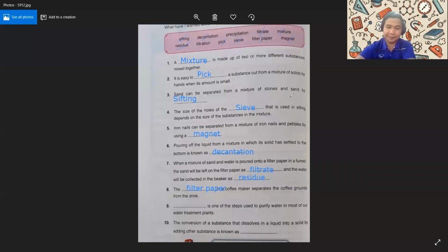Nice. Next, number 9. Blank is one of the steps used to purify water in most of our water treatment plants. Oh, what usually is the step to purify water? Is it filtration or precipitation?